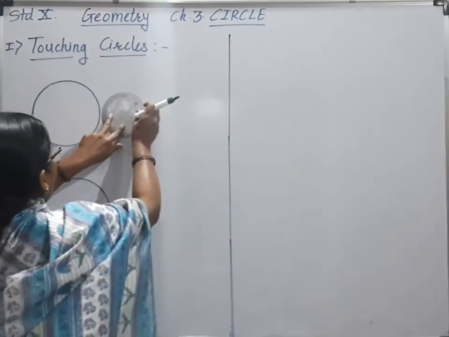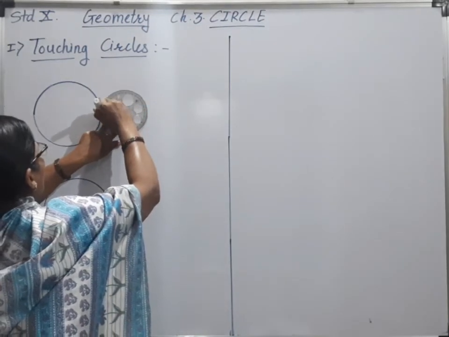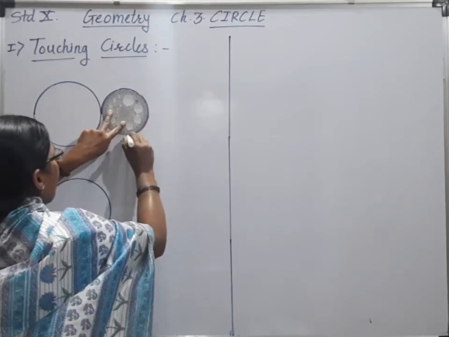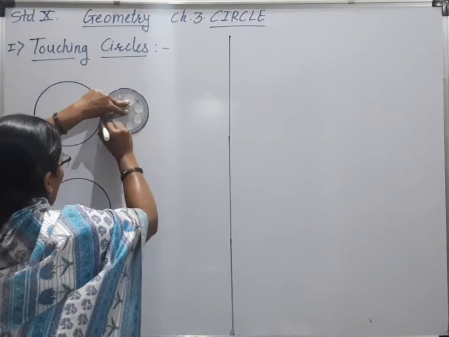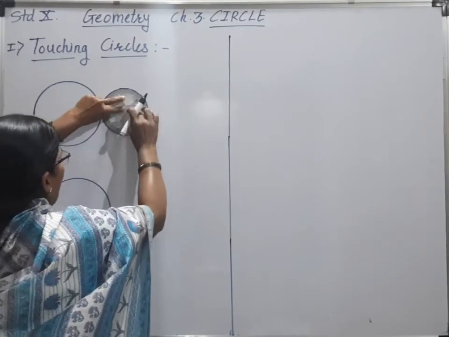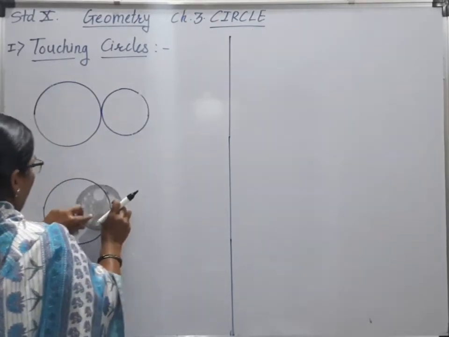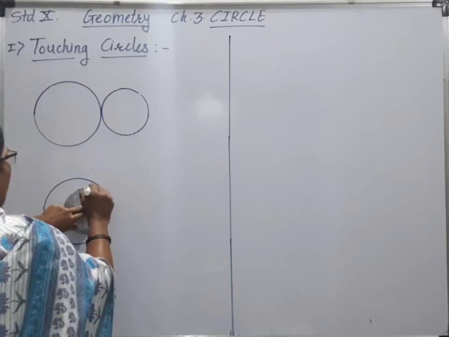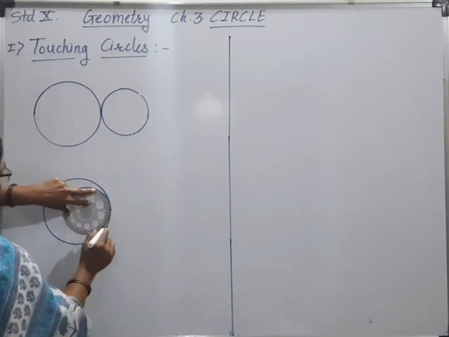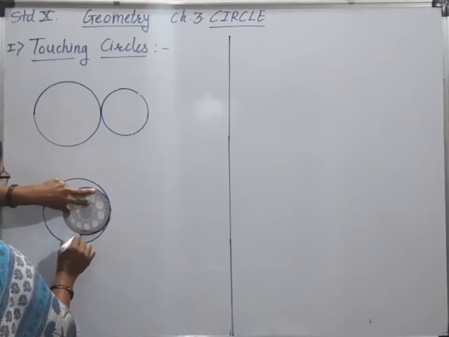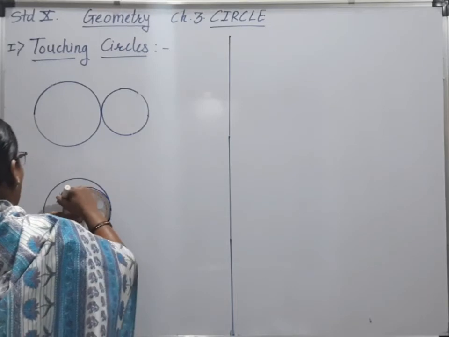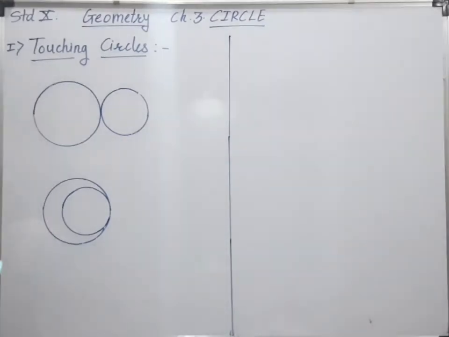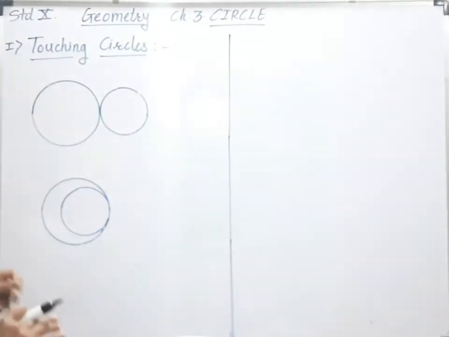What is the difference? Now in both figures there are two circles.